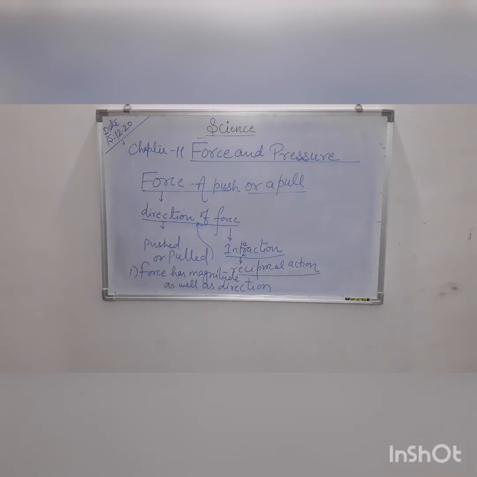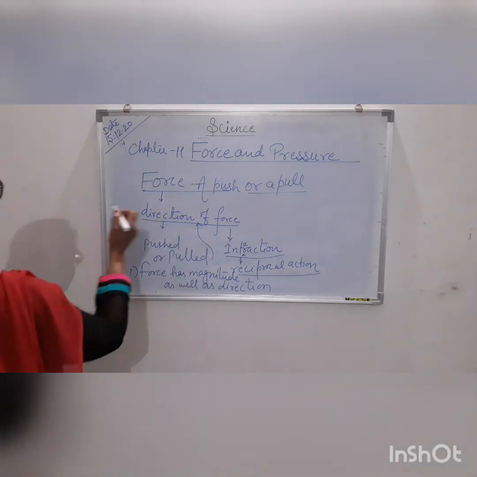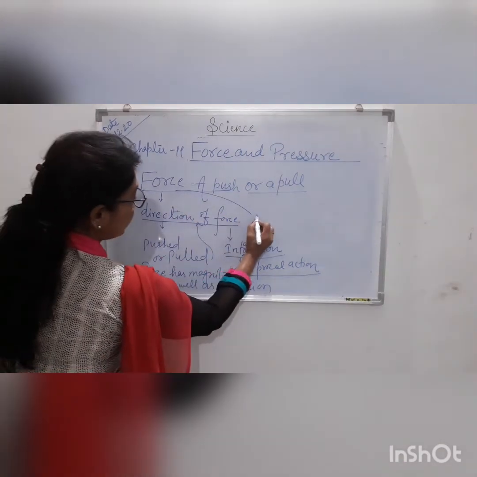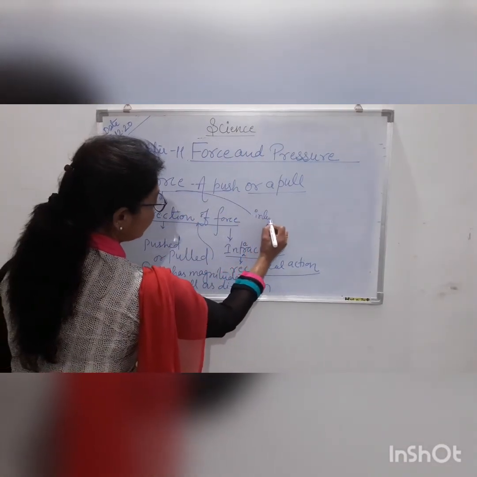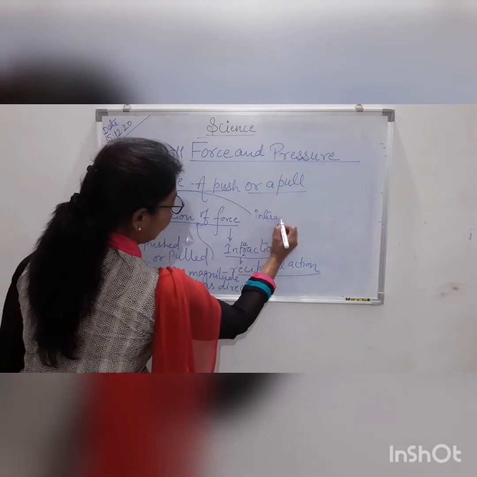In interaction, what happens? Each object acts in such a way as to have an effect on the other object. For example, children, force is actually due to what? Interaction. Force is due to interaction.